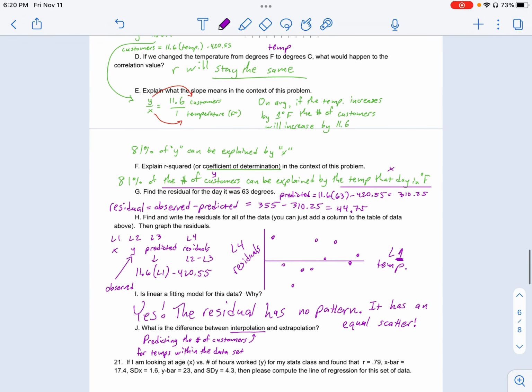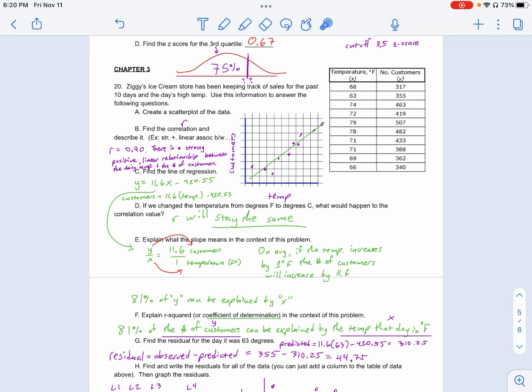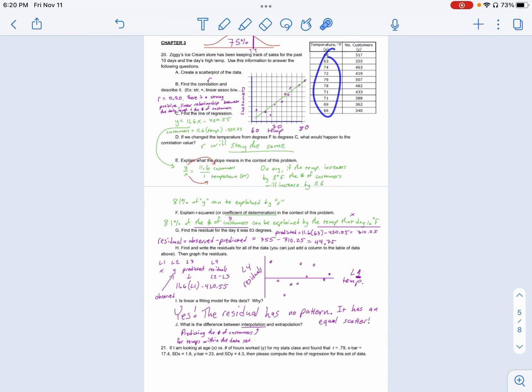Meaning, all of my data was where? All of my data was in the 60s and 70s. So on my scatter plot, I'd have 60, 70, and 80, but it was all really contained within the 60s and the 70s, right? There's no 80-degree days.